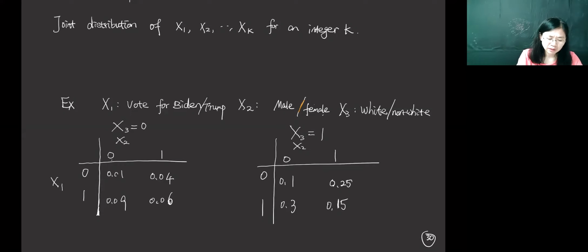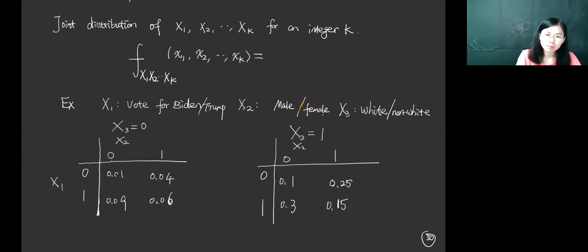Let's consider an integer k and k random variables denoted by x1, x2 to xk. The joint distribution of these k random variables can be written as this: f subscript x1, x2 to xk evaluated at the realization of each of these random variables, little x1, little x2 to little xk.